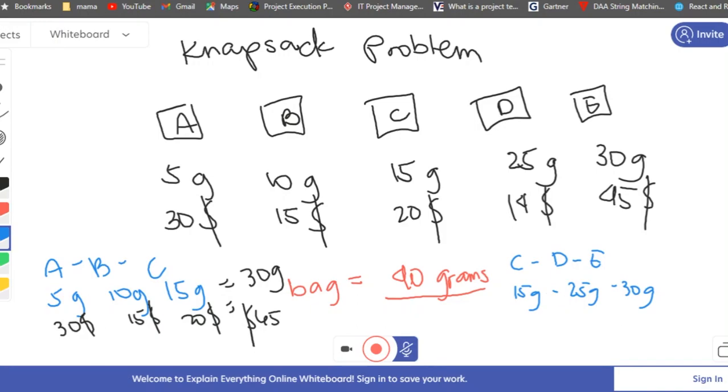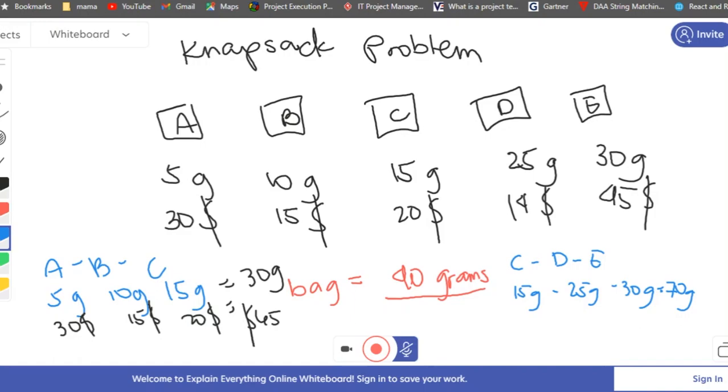And then, 40 plus 30 grams equals 70 grams. So, 70 grams is greater than 40. So, hindi na mabibitbit ng bag. So, ang mabibitbit ng bag is the item A, B, and C, which is equivalent to 30 grams and then equivalent to $65.